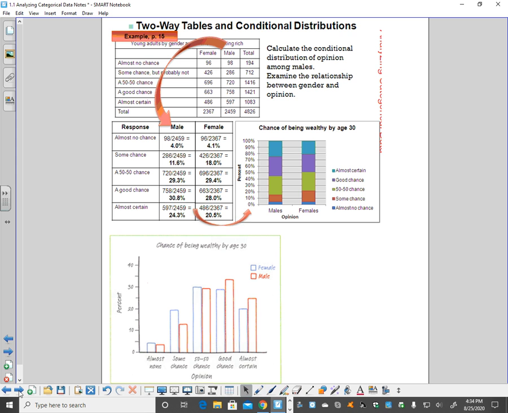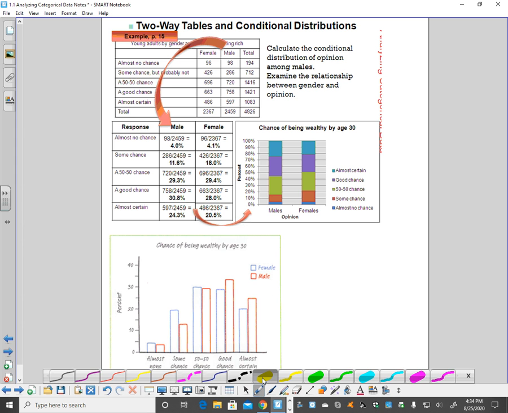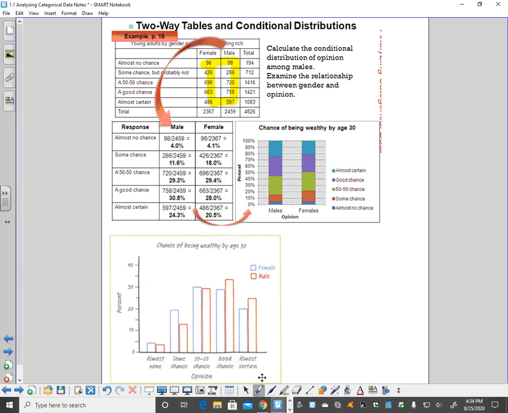So I'm taking what we had highlighted in that table that was yellow on that previous screen, and those are the numbers that I'm interested in because that's the data from the inside of the two-way table. That is your conditional distribution. I don't know why they have flipped males and females, but they did. So males are now first.